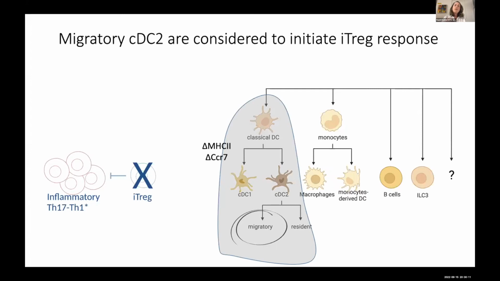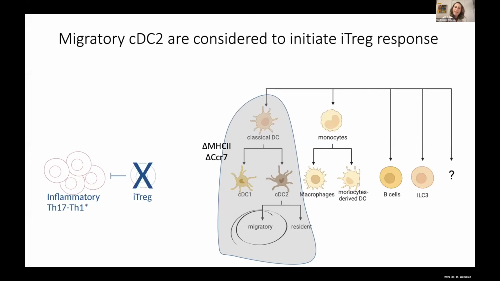We used a Cre line that is considered to be dendritic cell specific, and we knocked out MHC class 2, so the ability of those cells to present an antigen, or the chemokine receptor that is needed for the migration of those cells to the lymph node. In those mice, we saw complete ablation of the Treg response, in line with what people think in the field.